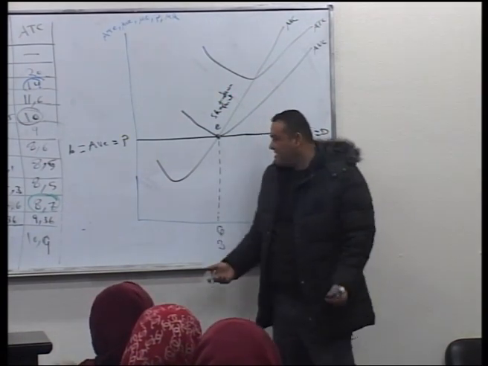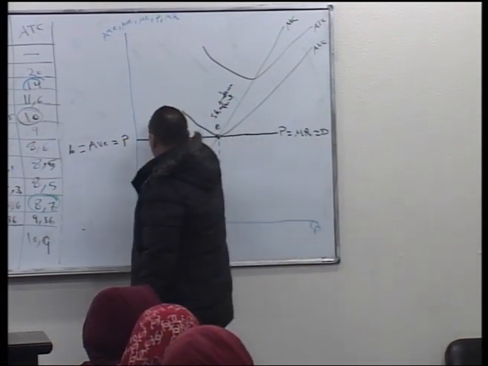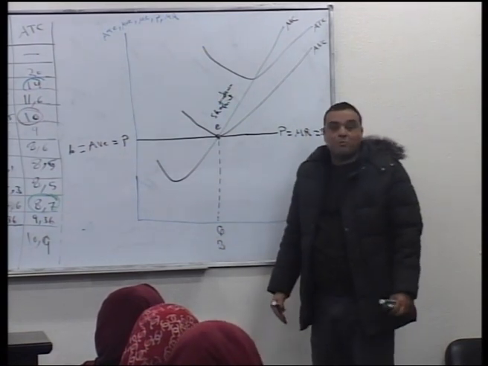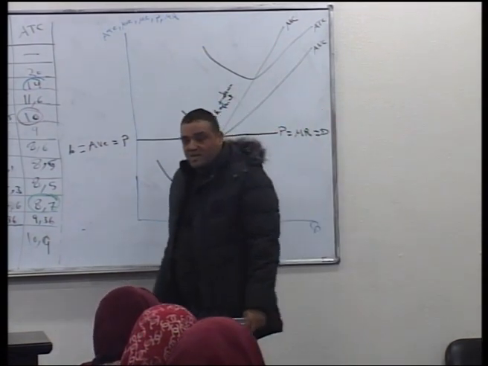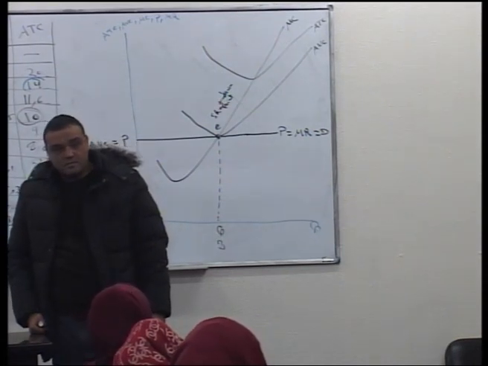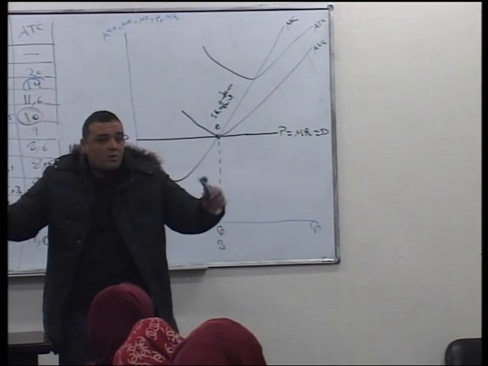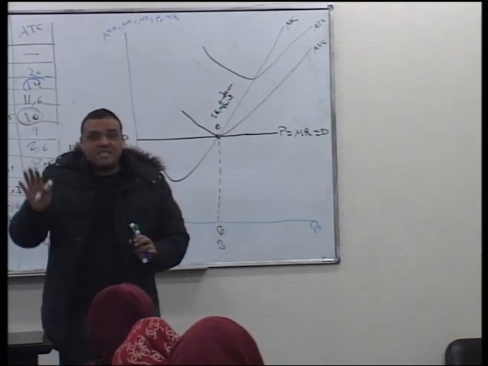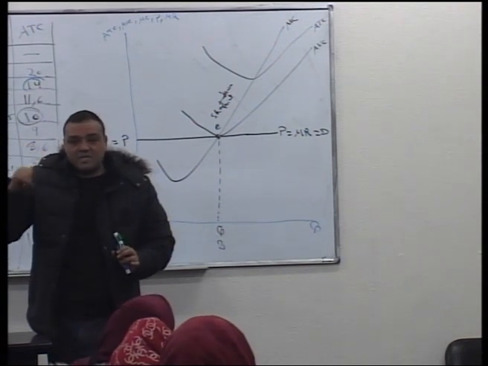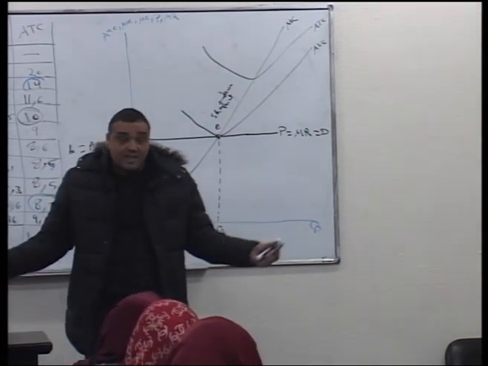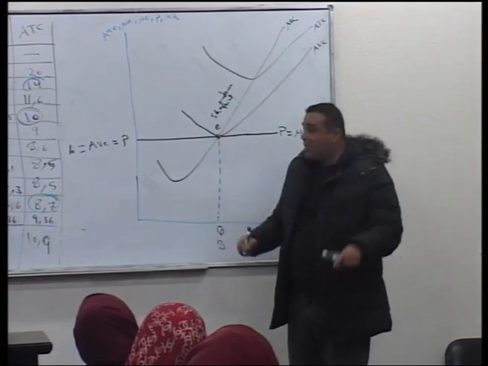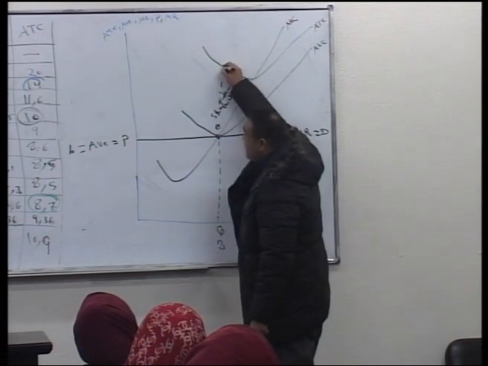So in this case, if the price equals AVC, this is the shutdown point. What is your advice to the business here? The same, either to work or to close down. Do we have a profit or loss in this case? Loss, because to determine the value of loss, we have to go to the ATC.